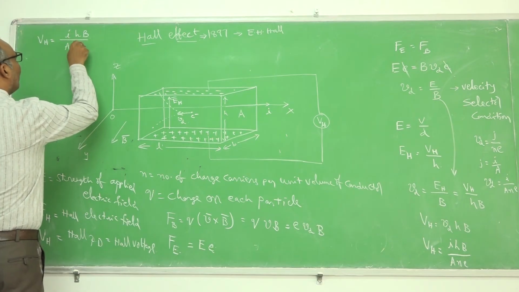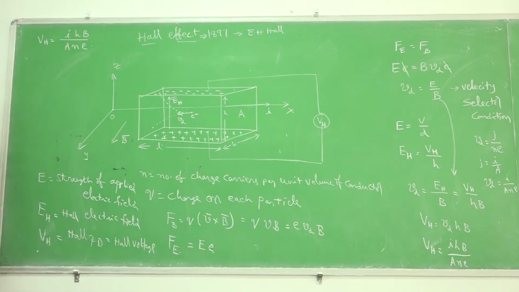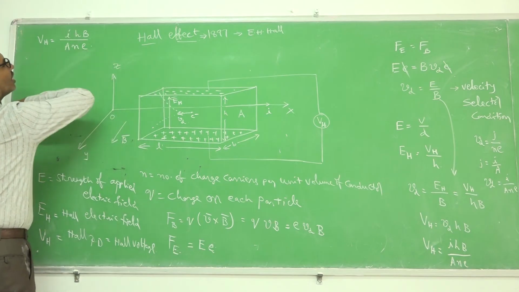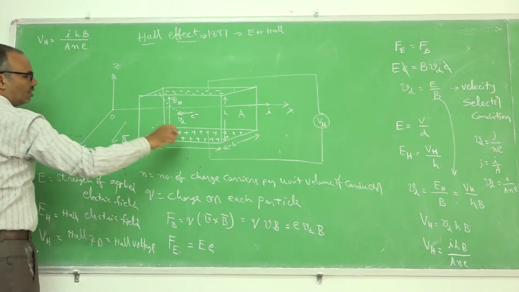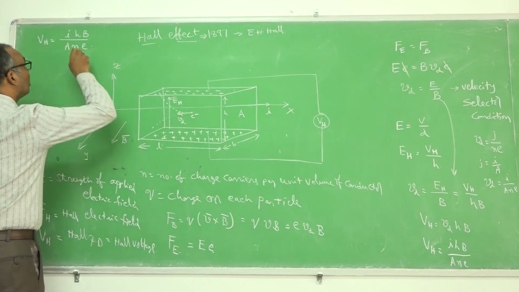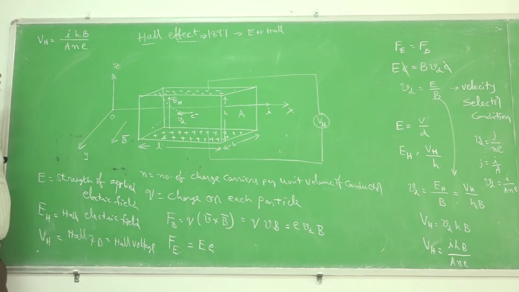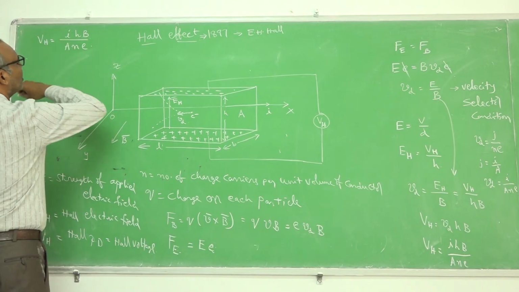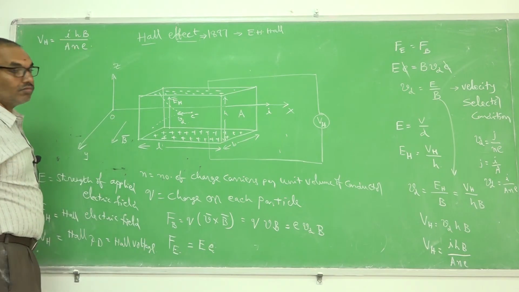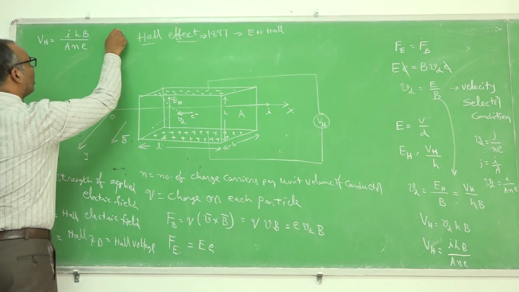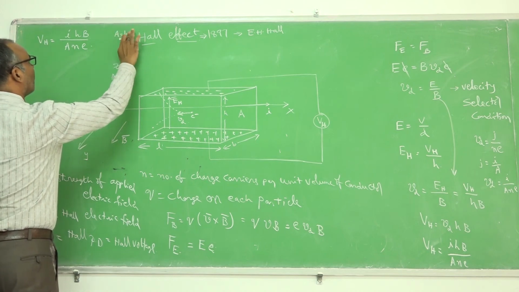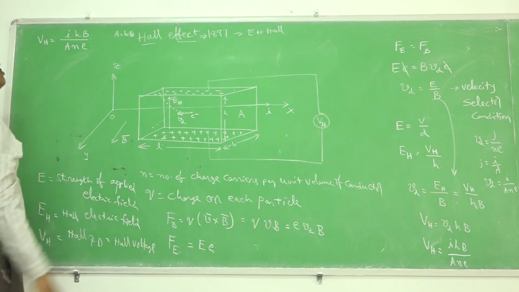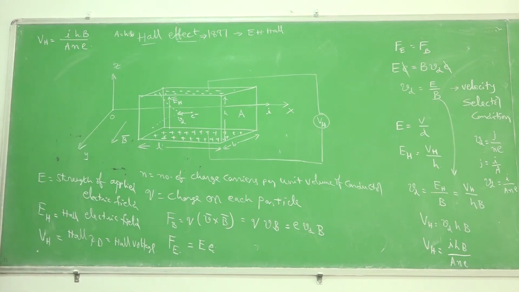So by knowing the strength of current passing through the conductor, the height, and the area of cross section, or otherwise area of cross section can be replaced with h b. If I write h b here, only you are left with B. In the place of A, I can write h b. Small b means breadth. So by using this formula, you can calculate Hall potential.